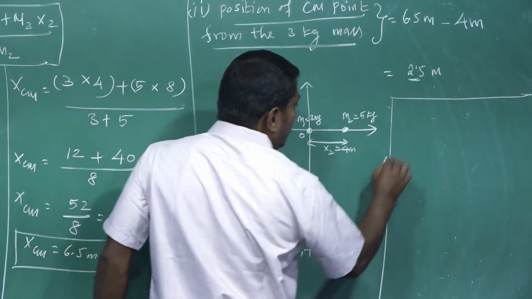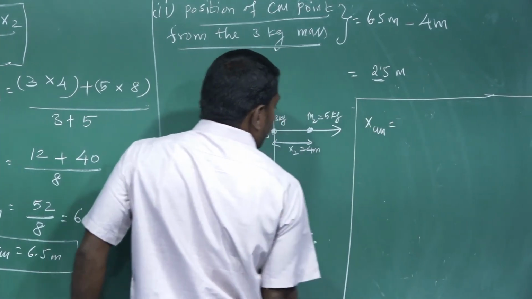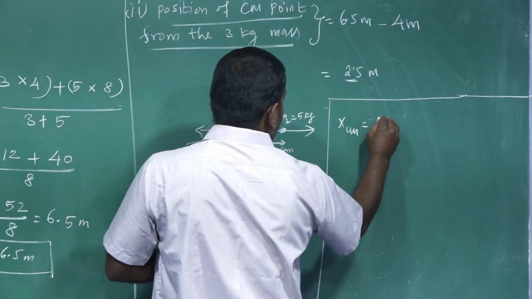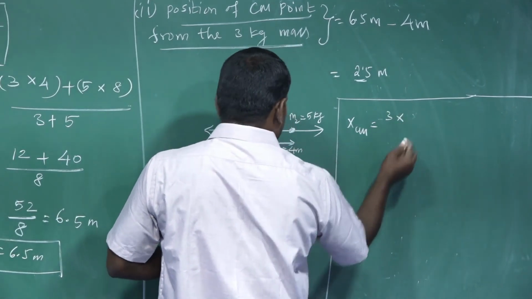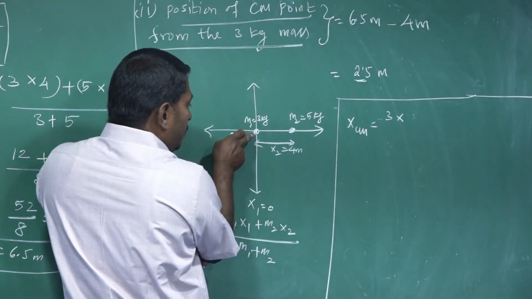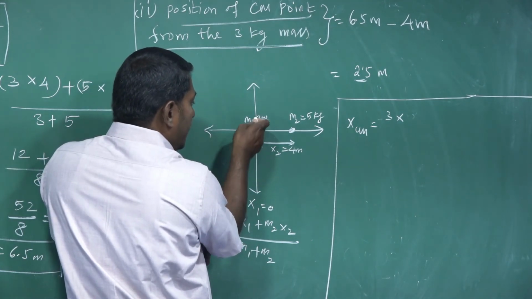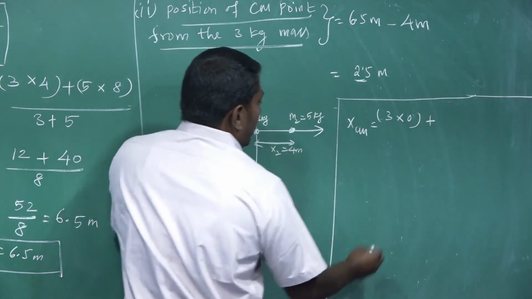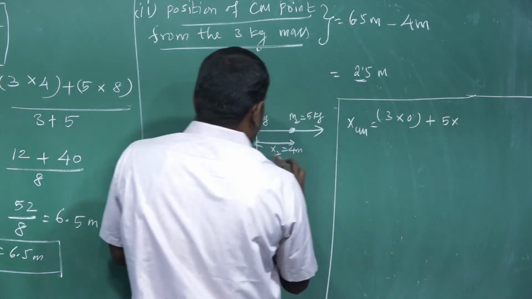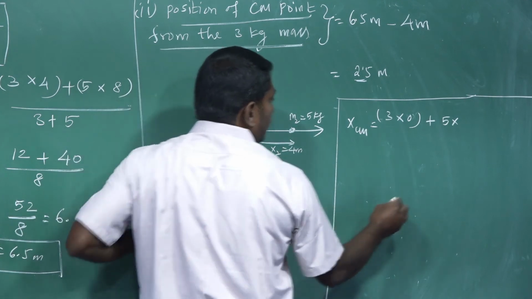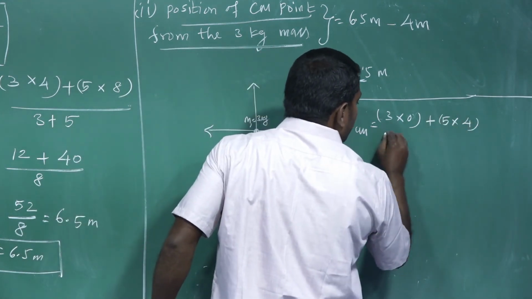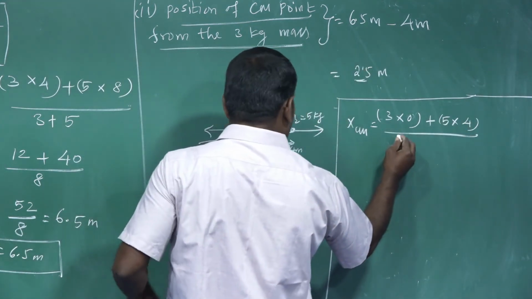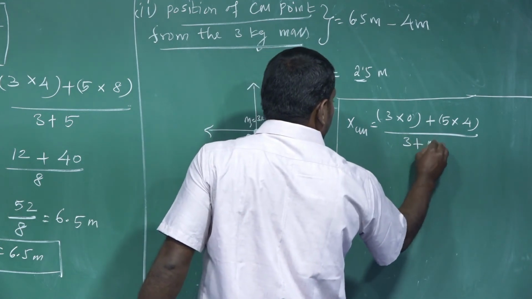So here position of the center of mass point, which is equal to m1 value 3 kg, x1 value 0 because origin is coincide with the first point mass, plus m2 which is equal to 5 kg, distance of the second point mass from the origin 4 meter, divided by m1 value 3 plus m2 value 5.